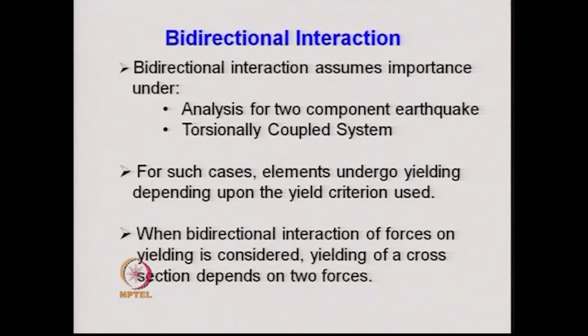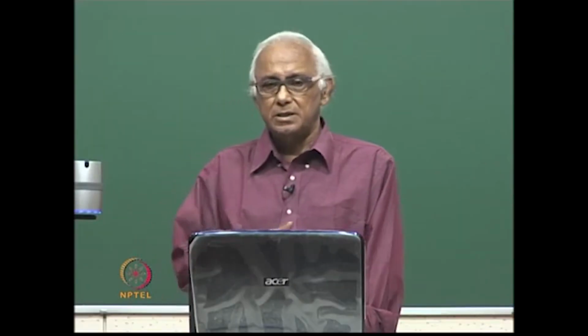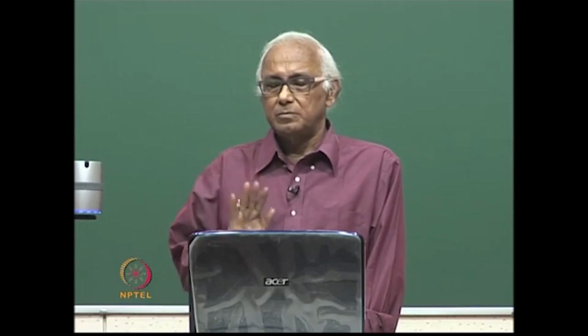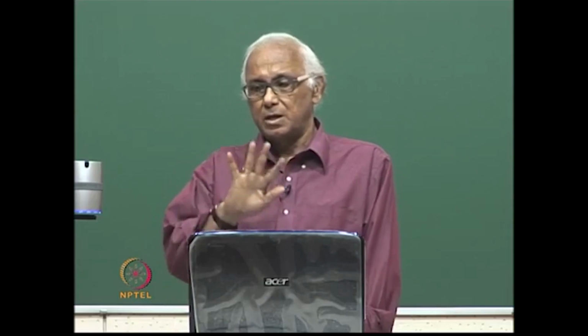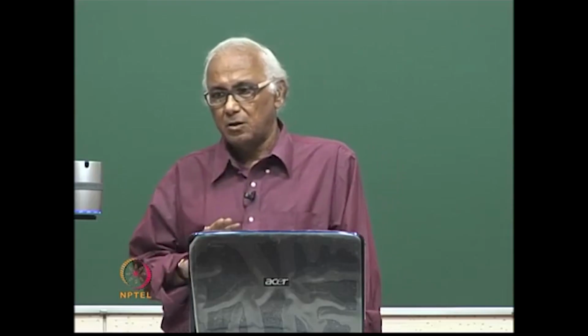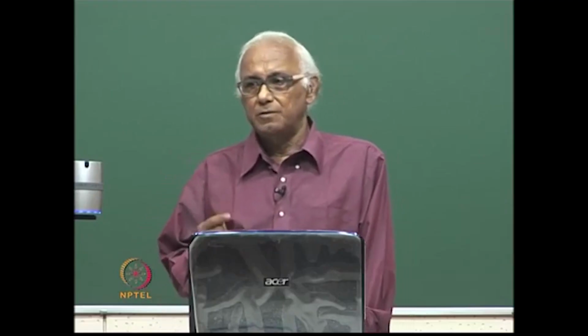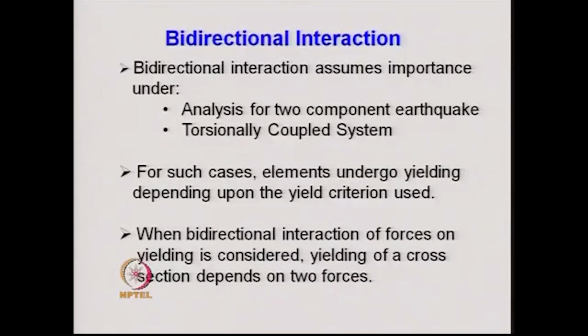Next we come to the bidirectional interaction. In the previous case, in the 2-dimensional frame, we had only one directional yielding, in the sense that in the direction of the earthquake, the entire frame, that is the plane frame, was undergoing bending, and accordingly there was a yield shear, and whenever the column reaches the yield shear, it was assumed to be yielding.